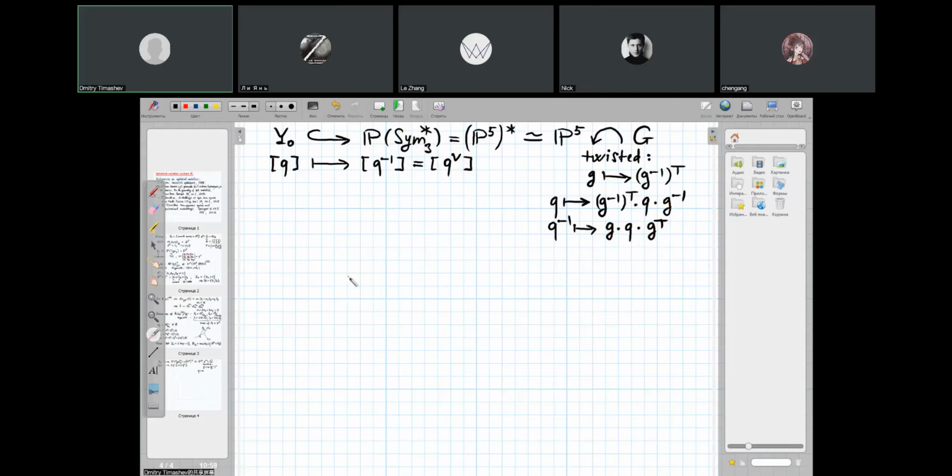And of course, this twisting does not preserve the Borel subgroup. This twisting sends the Borel subgroup of upper triangular matrices to lower triangular matrices because we take transpose.